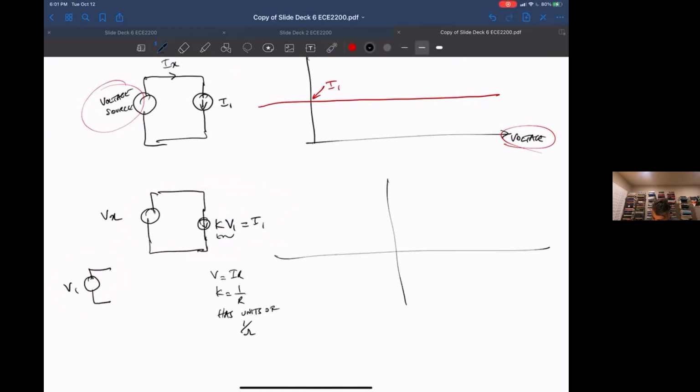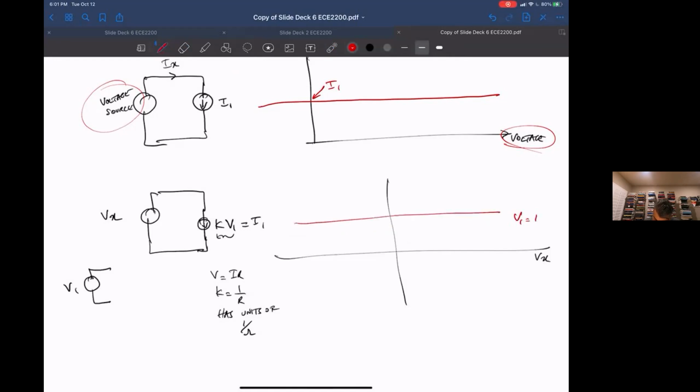If I look at the current across V sub X, I would get K V sub 1. That gives me a certain current, depending on the value of V1. So let's say V1 is equal to 1.